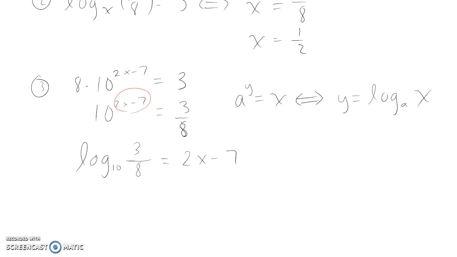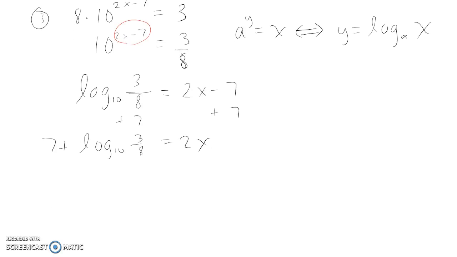Now if we want to isolate the x, we're going to add 7 to both sides. So 7 plus log base 10 of 3/8 equals 2x, and then we can divide both sides by 2. Or, a fancier way to do that is to multiply both sides by 1/2. So 1/2 times (7 plus log base 10 of 3/8) is equal to x.